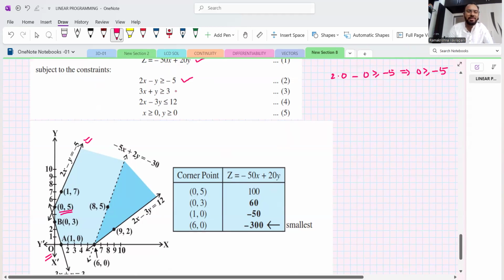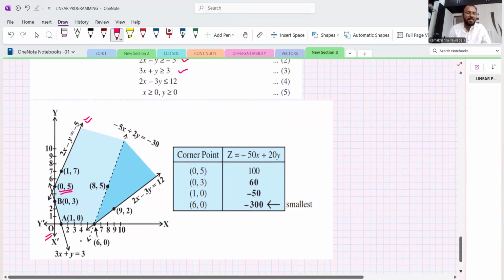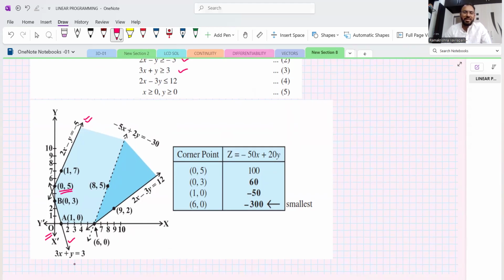Similarly, 3x plus y equal to 3. The y-intercept is 3 and the x-intercept is 1. This is the second line. Again, you substitute 0, 0. So 0 greater than or equal to 3 is not true.